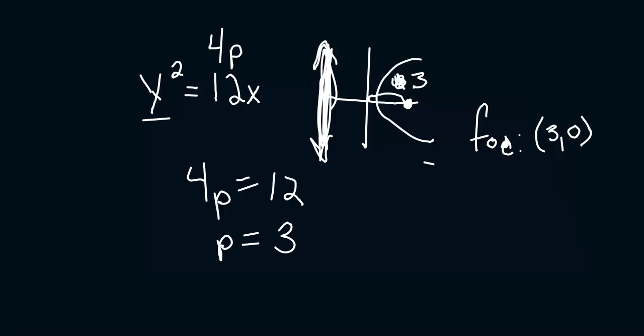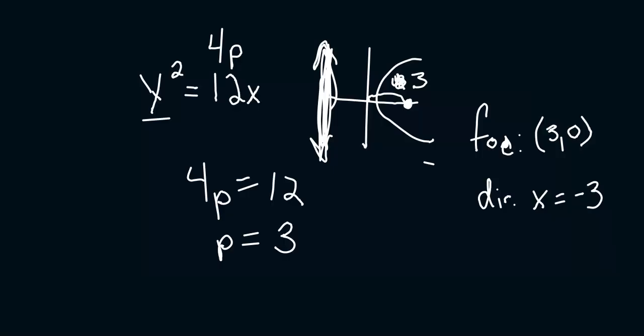Now remember, if it's x squared, it opens up, so then our focus would be on the y-axis. The directrix is always x equals negative p, so x equals negative 3. And that's it. Ta-da.